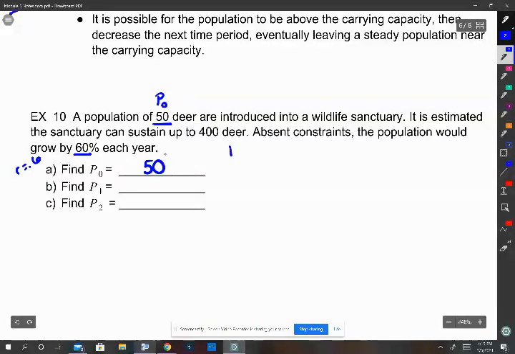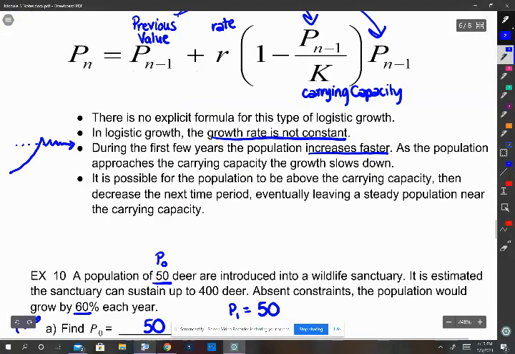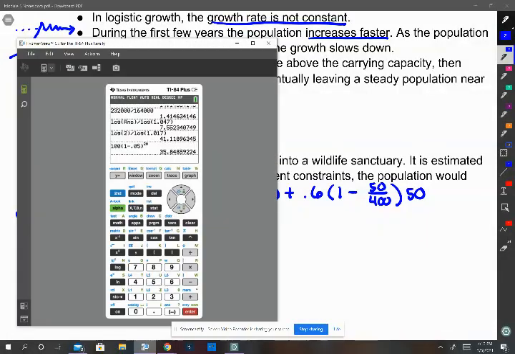So to find P sub 1, we take P sub 0, and then we're just using this formula up here. So we're going to go plus R. Our R is 0.6, and then it's 1 minus your P sub 0 divided by your carrying capacity, which was our 400. And then you're going to times that by our P sub 0. So in our calculator, we just do that.